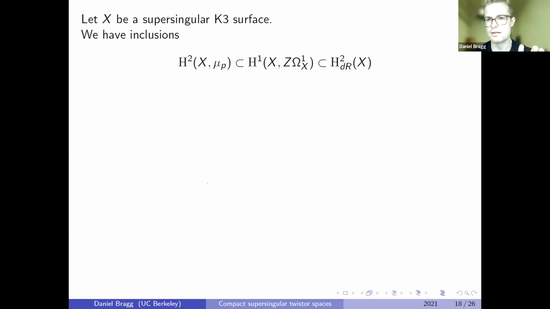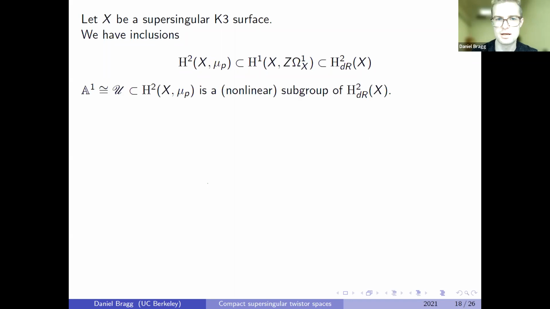So let me say a few words about cohomology before I write down the more concrete formulation. I'm going to start with the supersingular K3 X, and here's a bunch of relevant cohomology groups. I have H2 of mu P, H1 of Z omega 1, and the full de Rham cohomology. I haven't told you what this embedding of H2 X mu P into H2 dR is, but there is a canonical way of doing this.